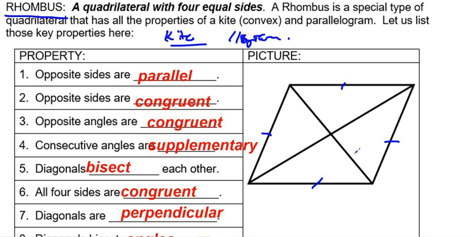Another property of the kite is the diagonals intersect at perpendicular. Now, kites don't bisect both diagonals. Only one diagonal is bisected. But a parallelogram, it does bisect. So the diagonals bisect each other. So we have something that looks like this. Oops, I better make it 3, and I better make these 2 because these sides don't all equal.